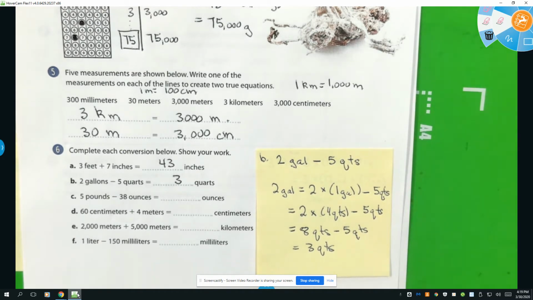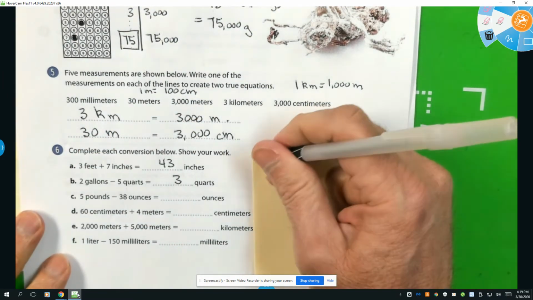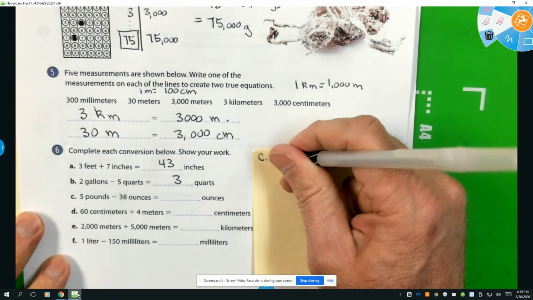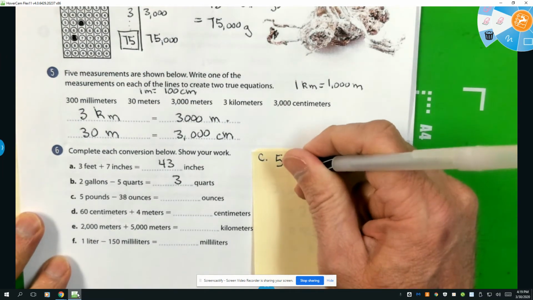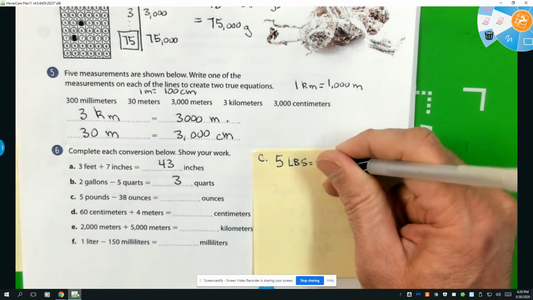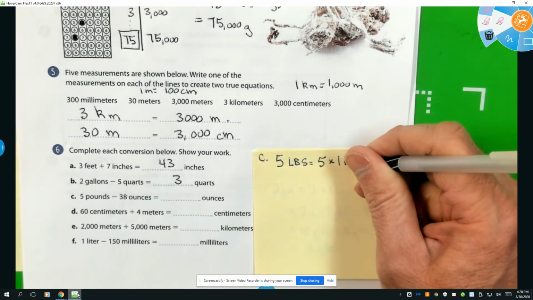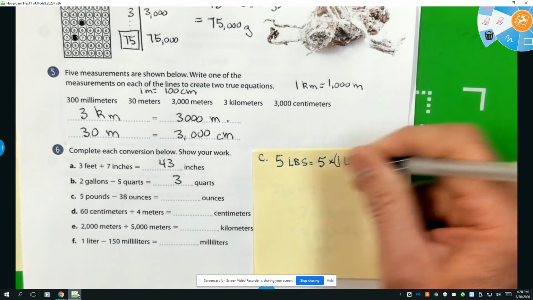5 pounds minus 38 ounces. This is letter C. 5 pounds minus 38 ounces. Here's C. 5 pounds equals 5 times 1 pound.